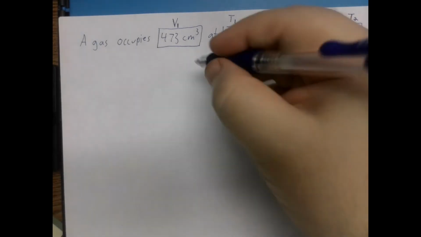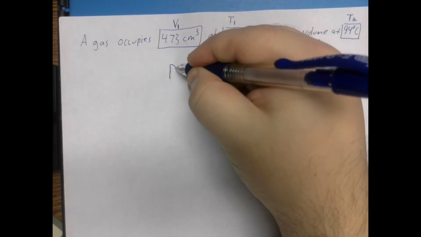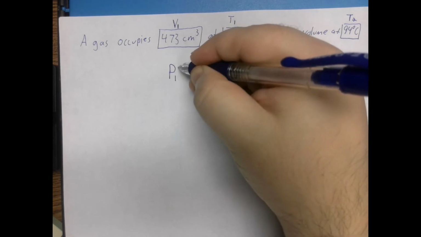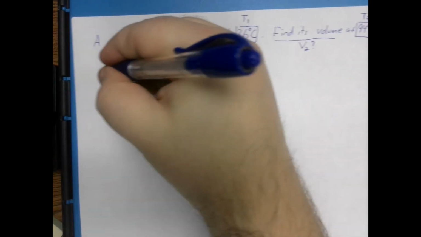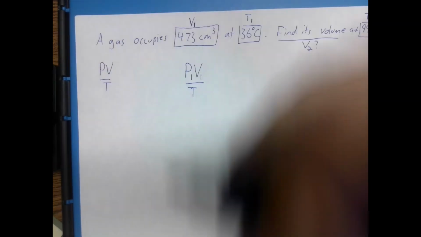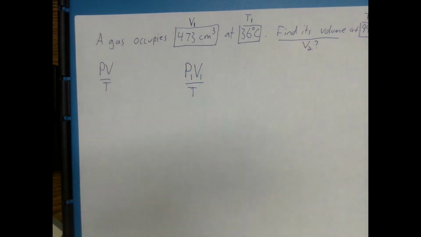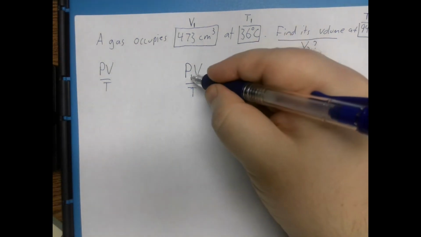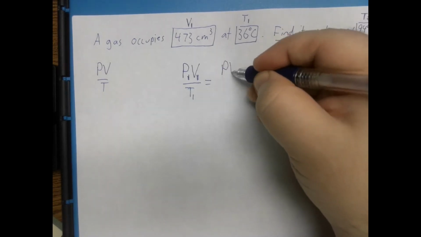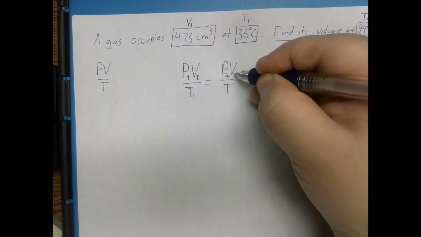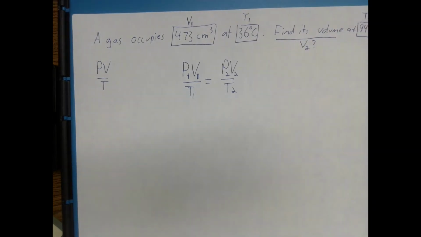So, if you just memorize this equation, P1 times V1, or really all you need to memorize is this: PV over T. If you remember it's PV divided by T, then you can rewrite this with 1's beside it and set equal to it again, and now put 2's beside it. If it doesn't talk about one variable in the whole problem, we assume it's constant and unneeded.